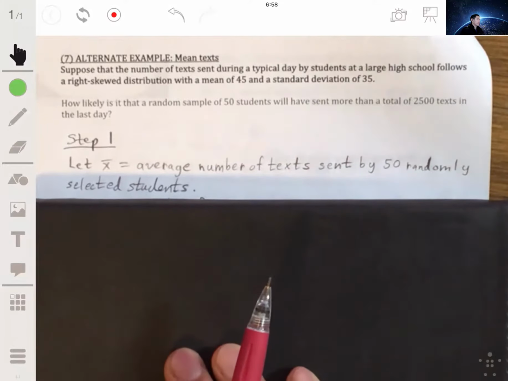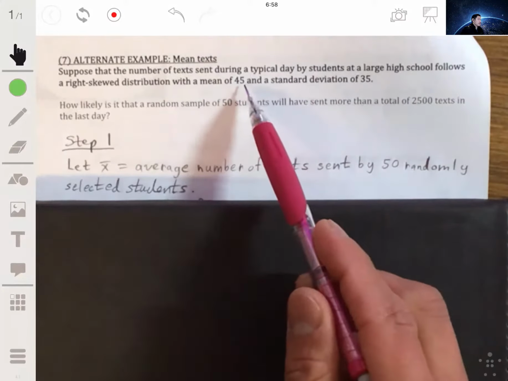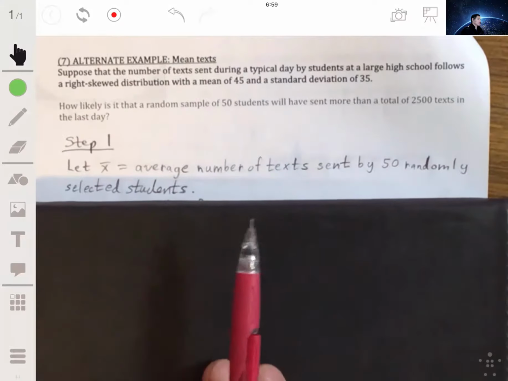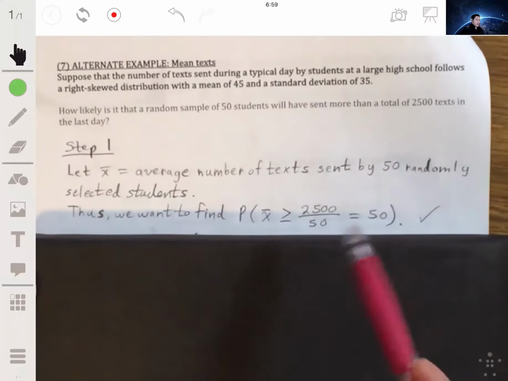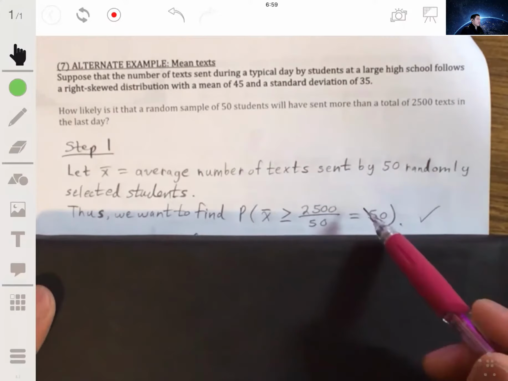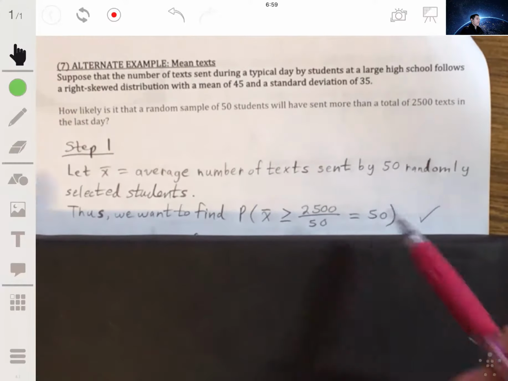Now, we can say that the mean of the sampling distribution of X bar is equal to 45, because it's an unbiased estimator. So that's always nice. We don't have to really do any extra work. And there it is again. We want to find the probability that X bar is more than 50. We're taking 2,500 divided by 50.